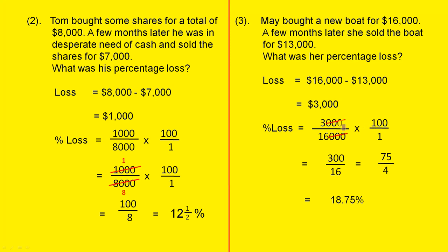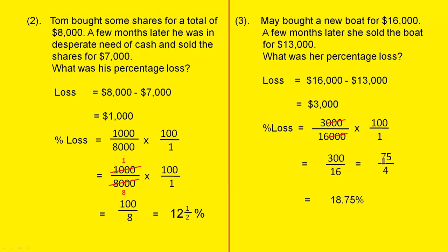So when we do the cancelling out, so we cancel the 3 zeros there and 3 zeros there, which is the same as dividing numerator and denominator by 1,000. So 3 times 100 is 300. 16 times 1 is 16. So that's really 300 over 16.